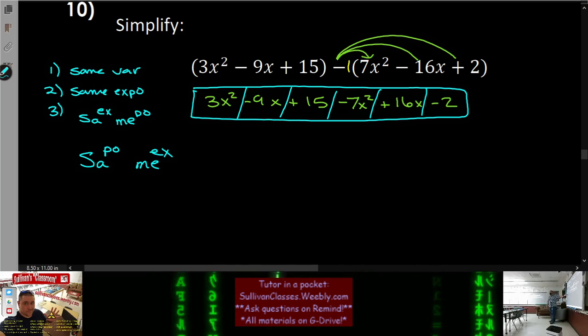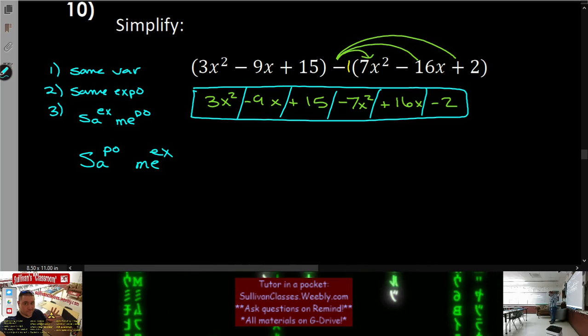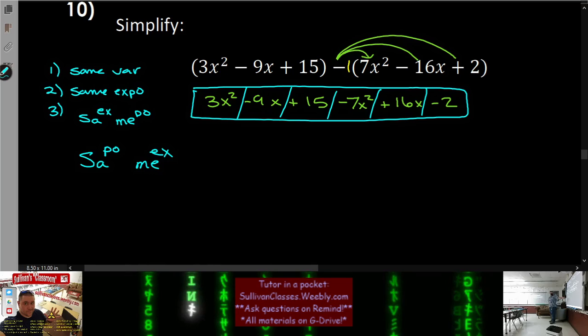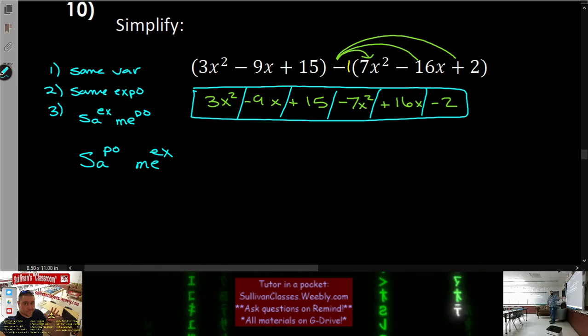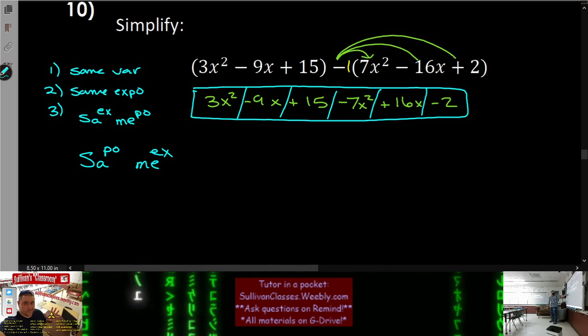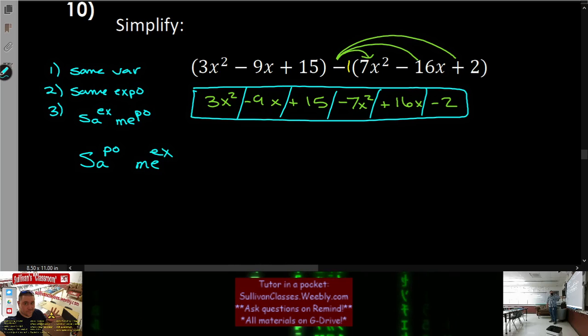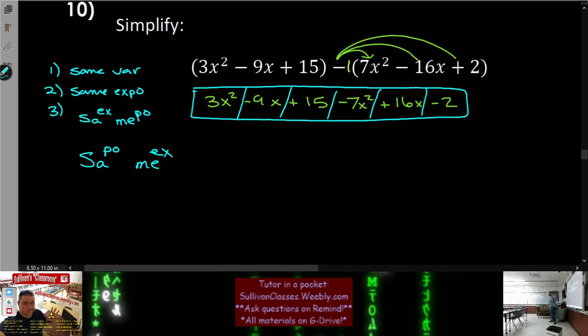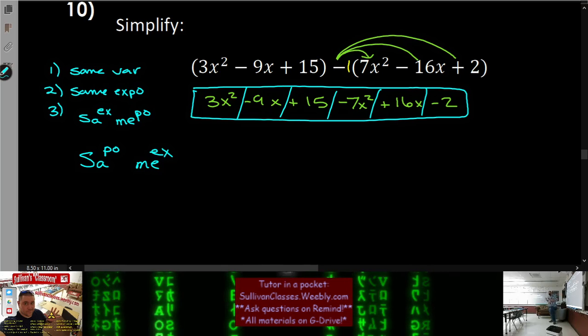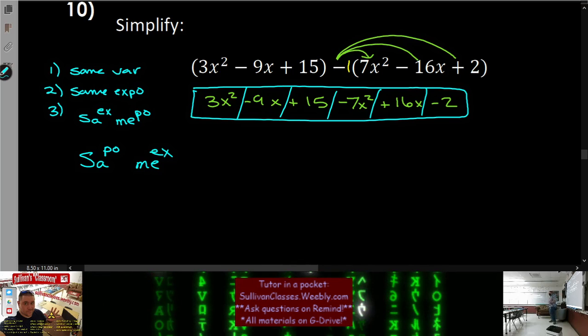At least here you recognize same variable and same exponent. But if I wrote it like this, it's the same variable here, but now the exponents are in different spots. You see, they're not in the correct spot to make sense.